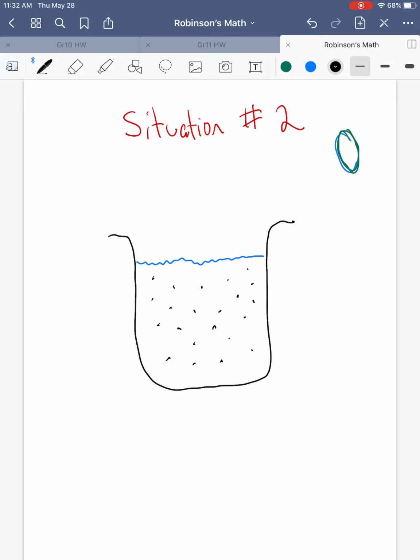And when we do so, what we're actually doing is increasing the mass of the fluid, but what we are not doing is increasing the volume of the fluid. And you should have learned that density equals mass over volume.